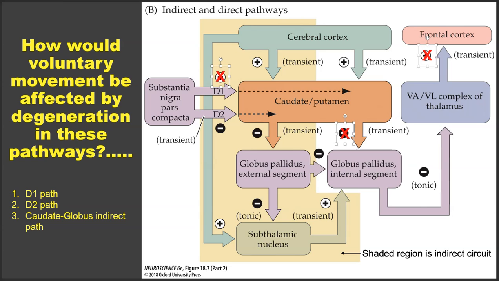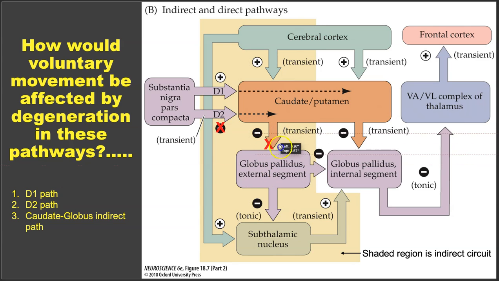Okay, so let's move on then, and we will then look at the D2 pathway. What happens if we degenerate that one or get rid of that one? So remember, this D2 pathway is involved in the indirect pathway. So if we get rid of this, now we have basically allowed for the caudate to external segment pathways to become active.